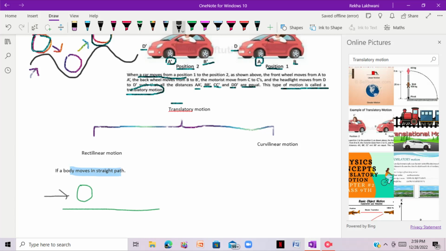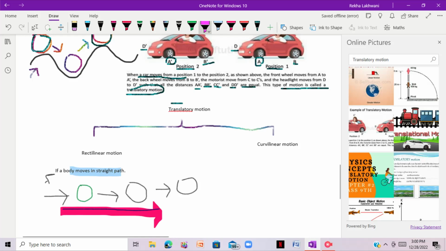This type of motion in which the ball moves in a straight line is known as rectilinear motion. It is a type of translatory motion, right? So remember one thing, that rectilinear motion is a type of translatory motion. Let me write over here.